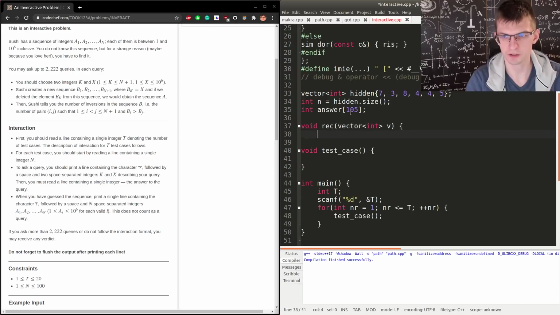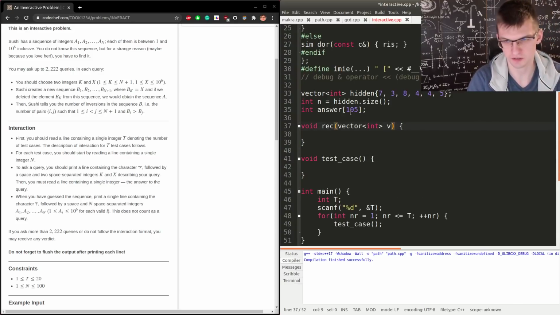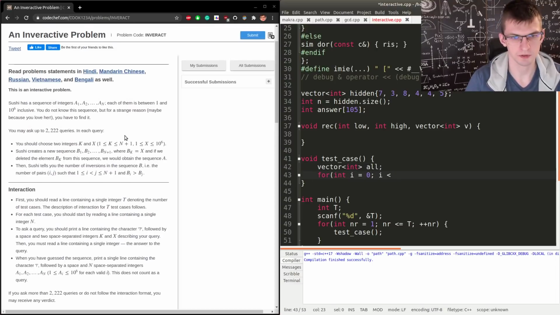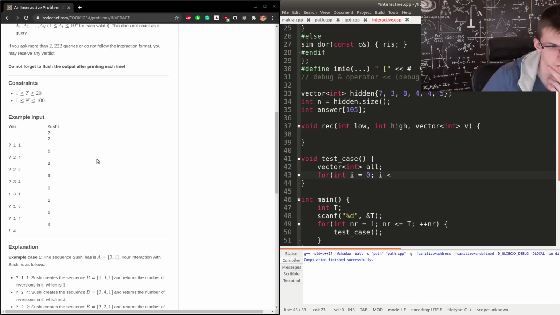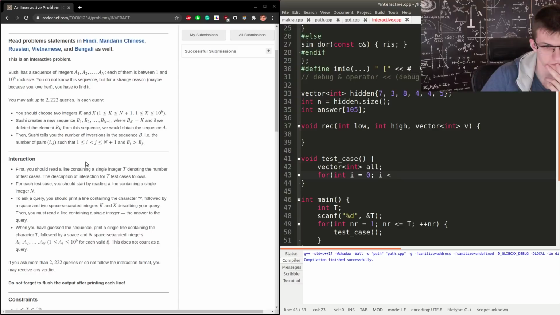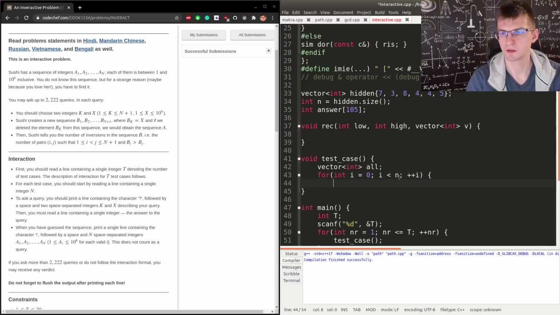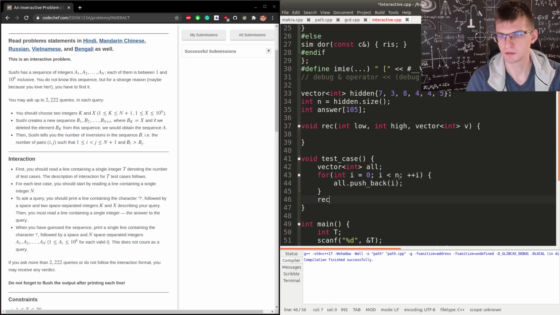Have a vector of remaining indices to do, initially just all of them, and a range for values. Stuff is numbered from 1 to n. From 1 to a million, this.